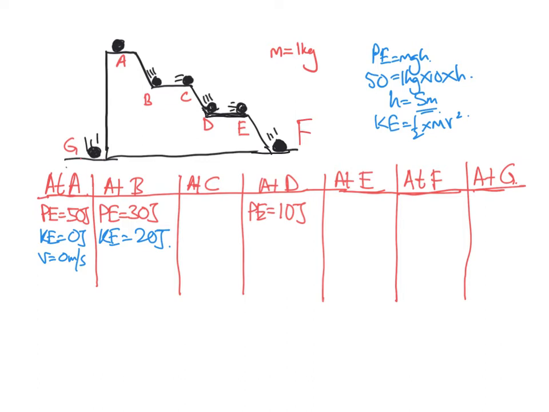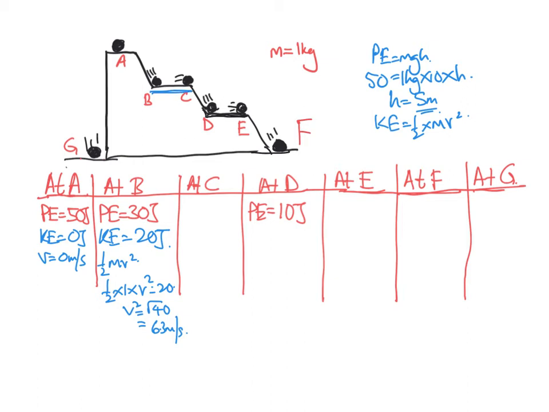From here we can figure out the velocity. The KE formula is half m v squared, so half times 1 times v squared equals 20. So v squared equals 40, and v is 6.3 meters per second. That's for part B. At part C, it's on the same level. Is there any potential energy?